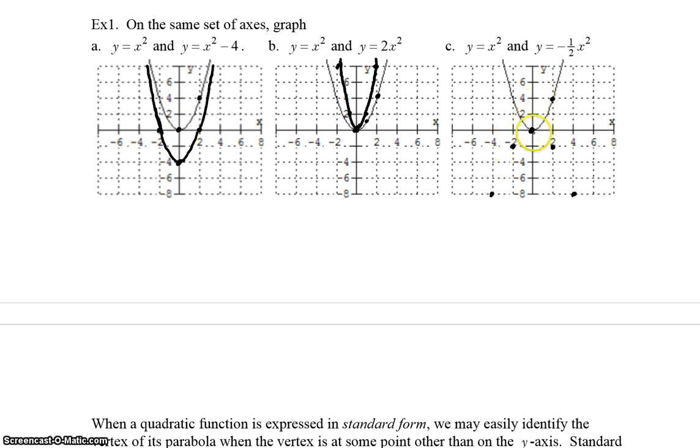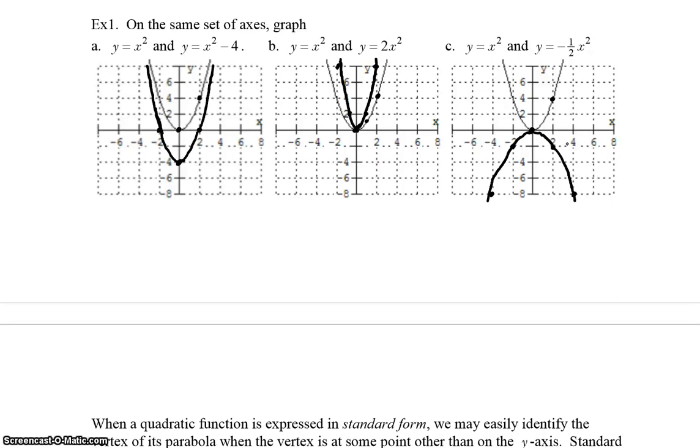And then you can see that the parabola here is opening down and is wider than before. So here we have a negative value of a, so the parabola is opening down.